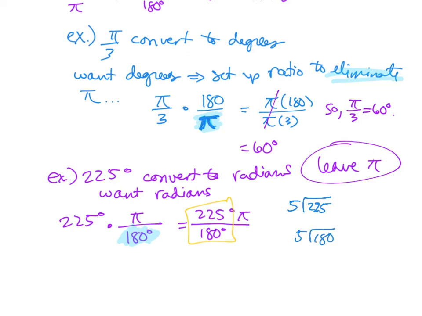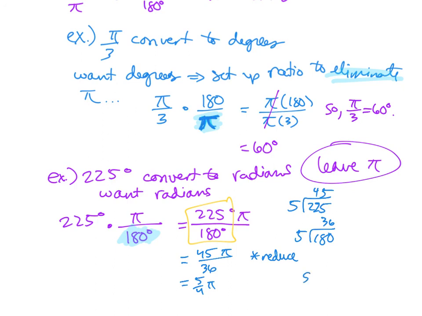So that is 45 pi divided by 36. And then 45 and 36 have a 9, so I'm going to reduce. So that's 5/4 pi.